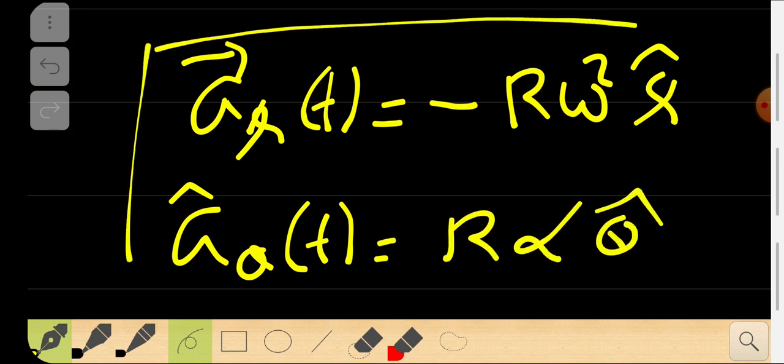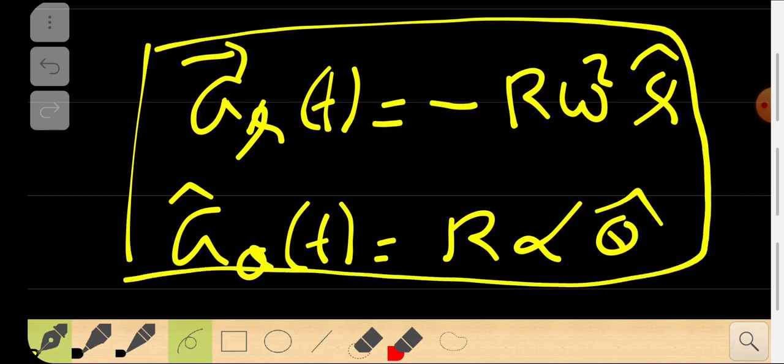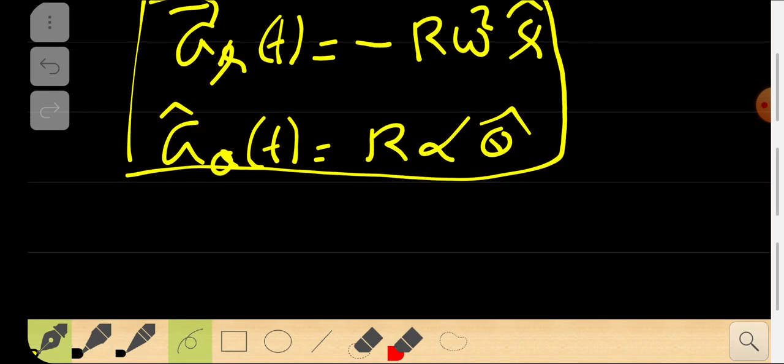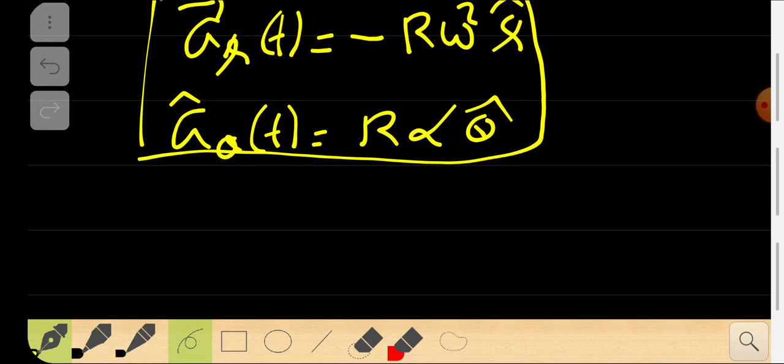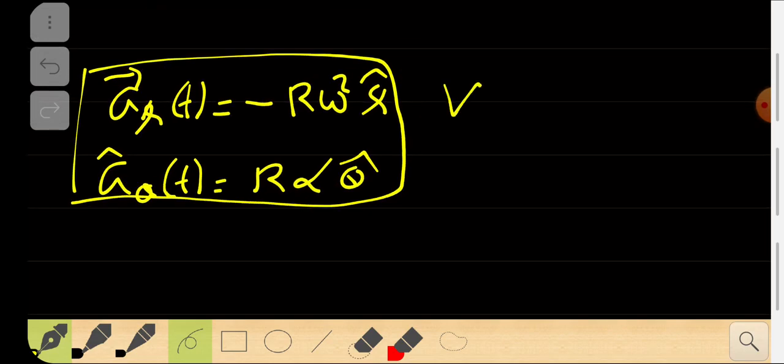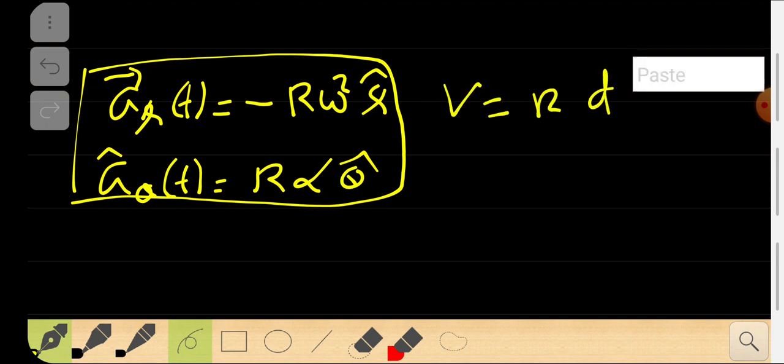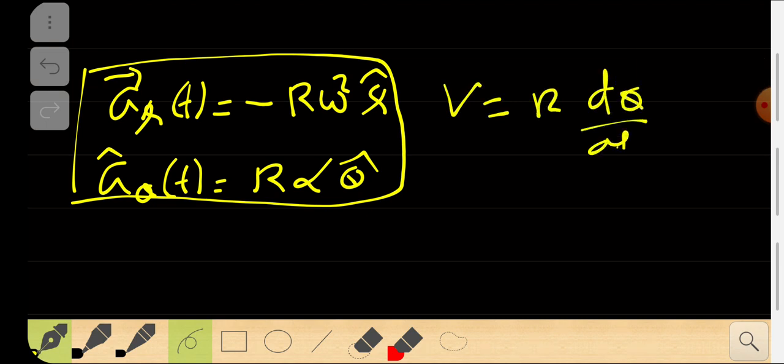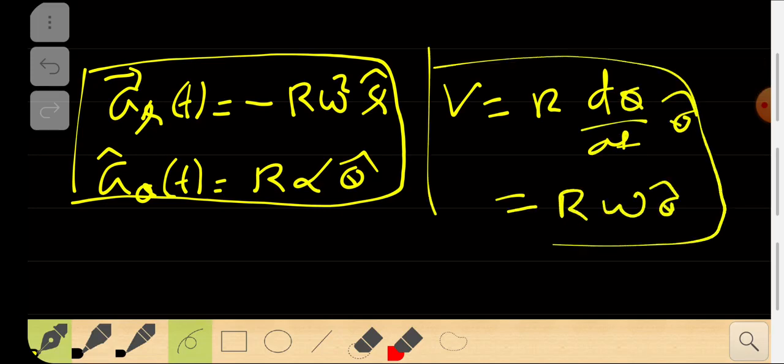We found that out from the first lecture. And we have also found that velocity was equal to r times d theta by dt in the theta cap direction, which is r omega in the theta cap direction.